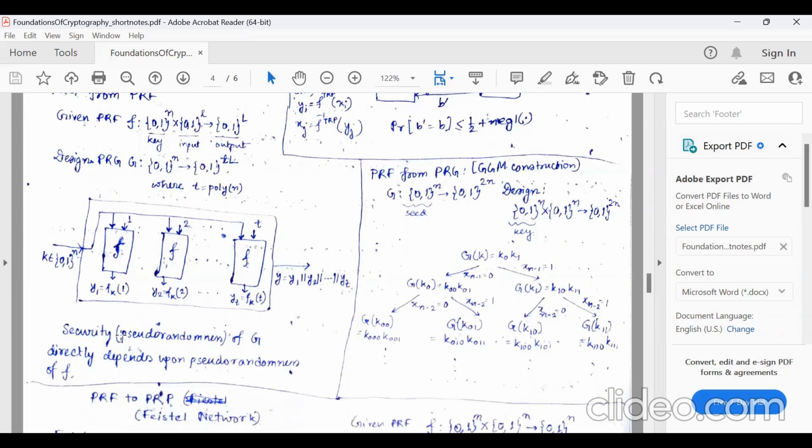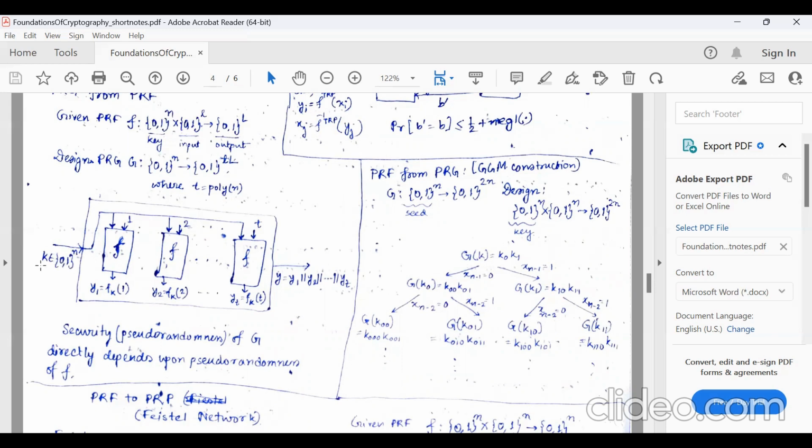The construction is simple. You apply the PRF in parallel on the inputs 1, 2, and so on till t, using the PRF key as the seed of the PRG.